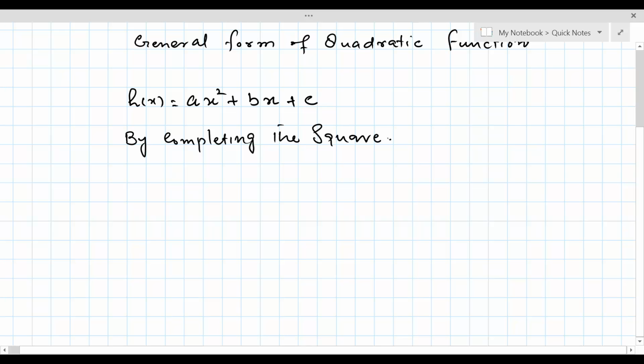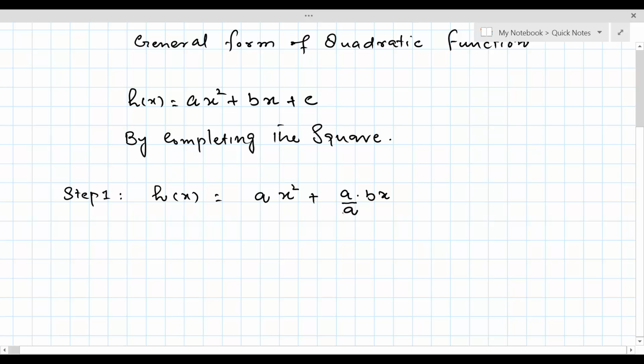The square completing method requires us to first of all make the coefficient of x square equal to 1, which we can do. So step 1, make the coefficient of x square equal to 1. For this purpose, h of x equal to, we'll take a common. If we take a common, we can do so like this, plus a times bx divided by a.